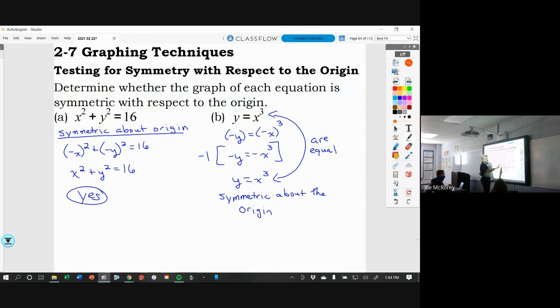If I multiply that equation by negative 1, I'm just changing the way it looks, not the value of it. So that negative becomes positive, and that negative becomes positive. And now I've got exactly what I started with. Okay.